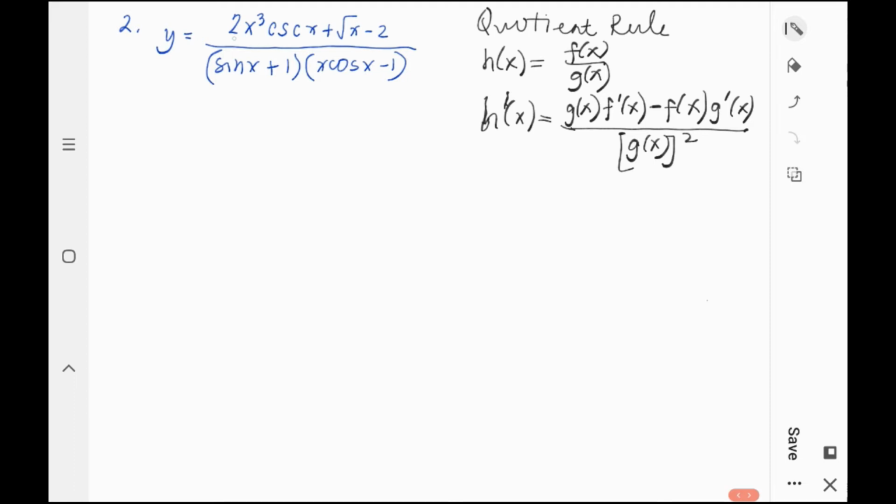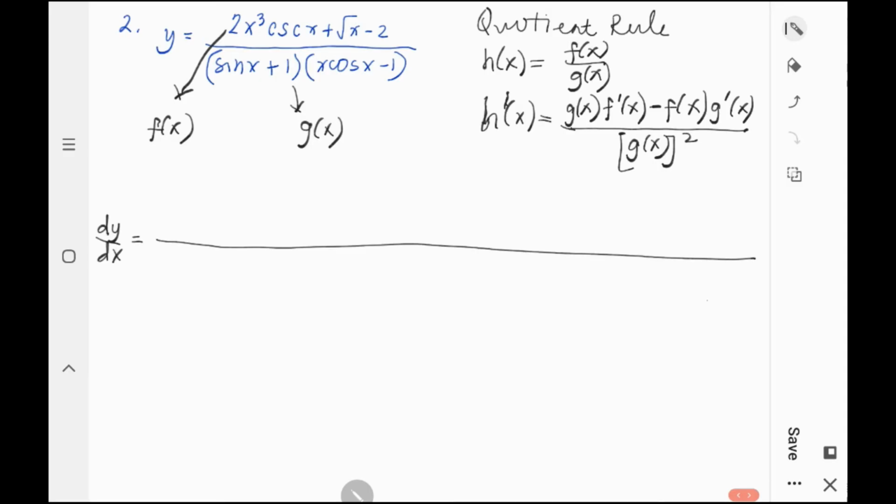So how do we apply this to our example? Suppose this is f of x and this one is g of x. So you have dy over dx. Based on the formula, you have to square the denominator.